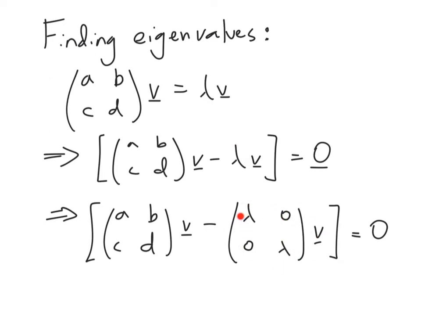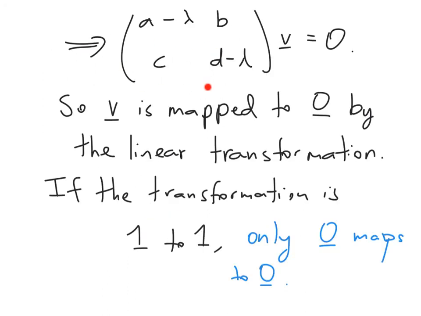If we were to multiply this matrix out times v, we'd see that these two things yield the exact same vector. And so I'm able to write this as matrix times v minus lambda times the identity matrix times v, which means we're able to take the difference of these two matrices. So when we take the difference, we have the matrix a minus lambda, b, c, d minus lambda, times v, equal to 0, where lambda is an eigenvalue and v is an eigenvector.